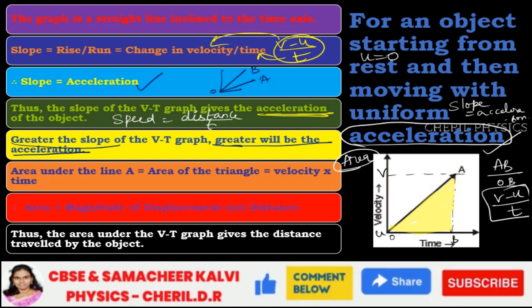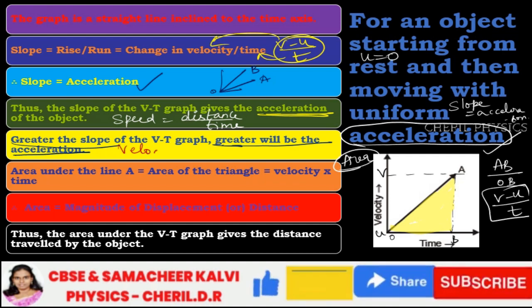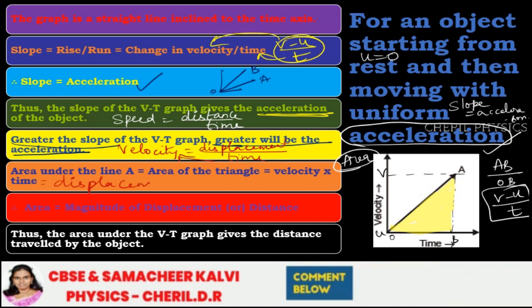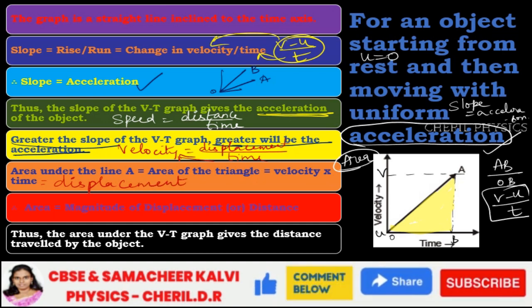Distance by time taken. Correct? What is velocity? Displacement by time taken. So here we have velocity into time. So that will give you the displacement. So area under the graph will give you the displacement of the object.